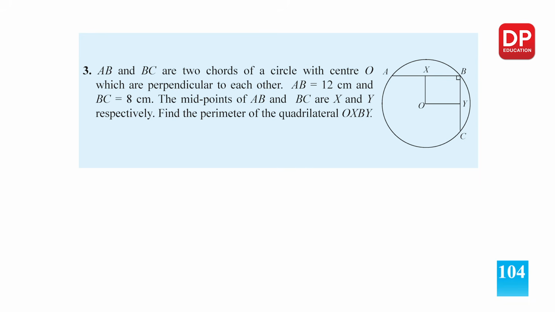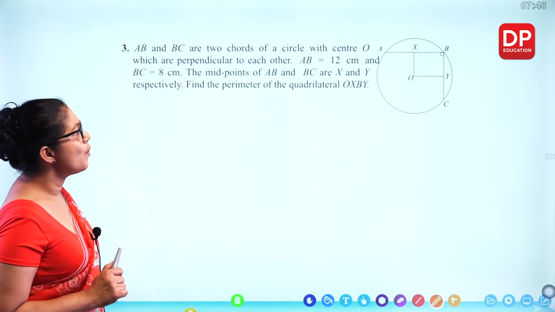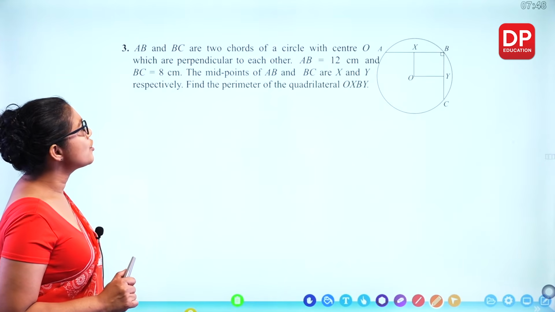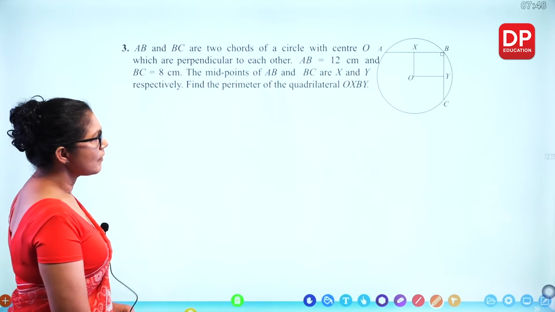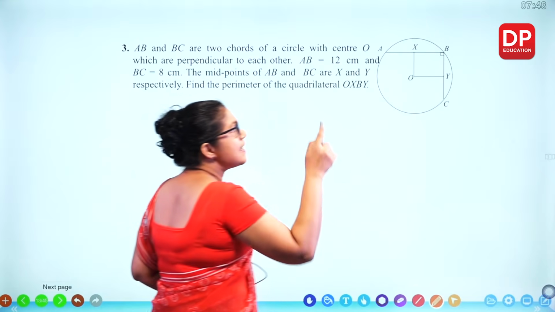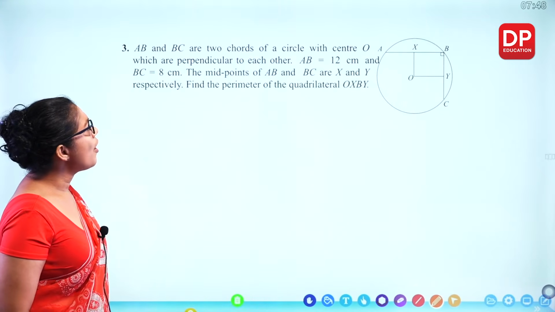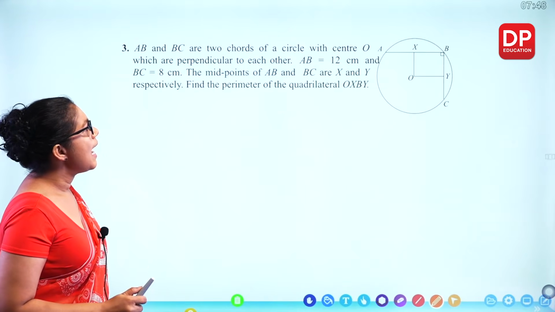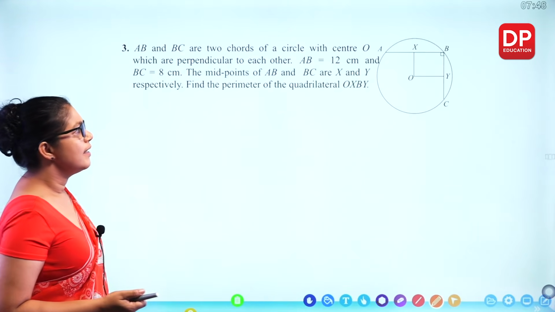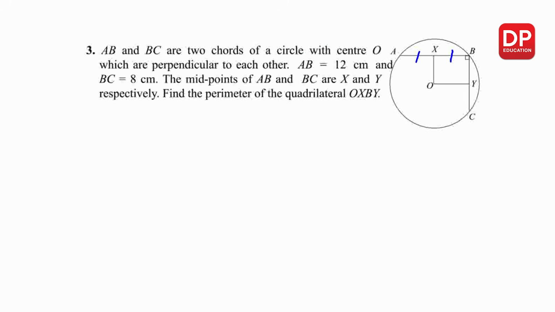Now we'll look at the third question. It says AB and BC are chords of a circle with center O, which are perpendicular to each other. So this line AB and BC, given that, that's 90 degrees. And also the midpoints of AB and BC are X and Y. So when these are midpoints, I can mark like this.